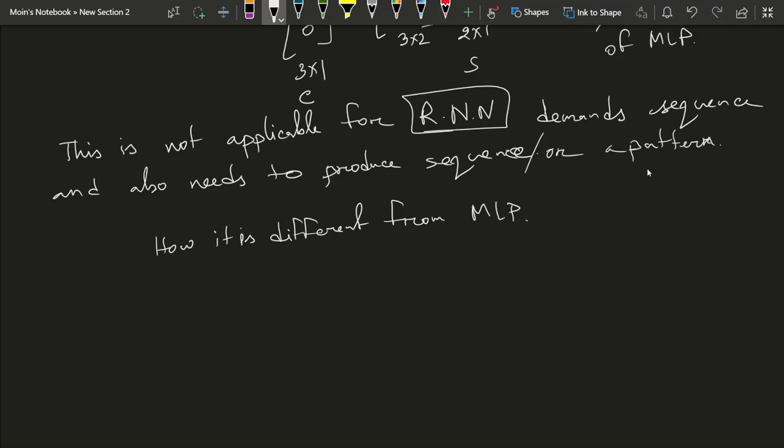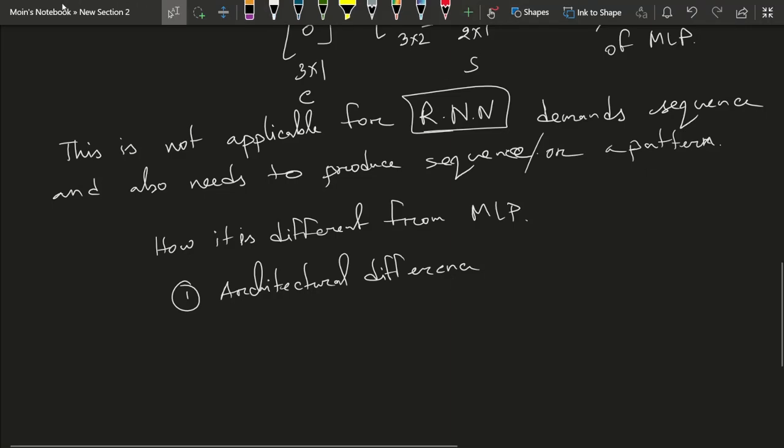First of all, the architectural difference.